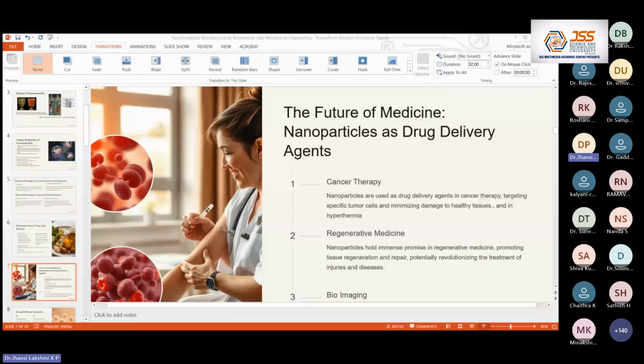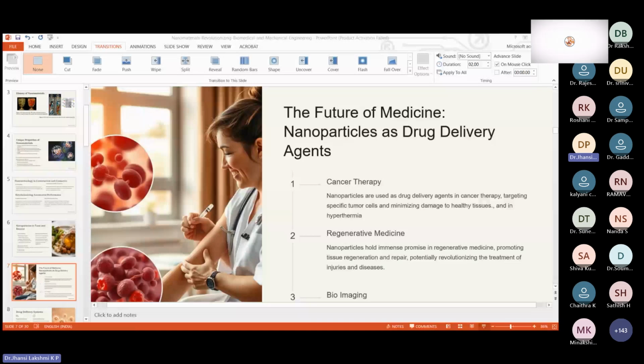Whereas superparamagnetic iron oxide, whose surface is again decorated by biomolecules, is used to find tumors in the lungs, and it is used in MRI scans. So these are all the nanoparticles which are used in biomedical applications.